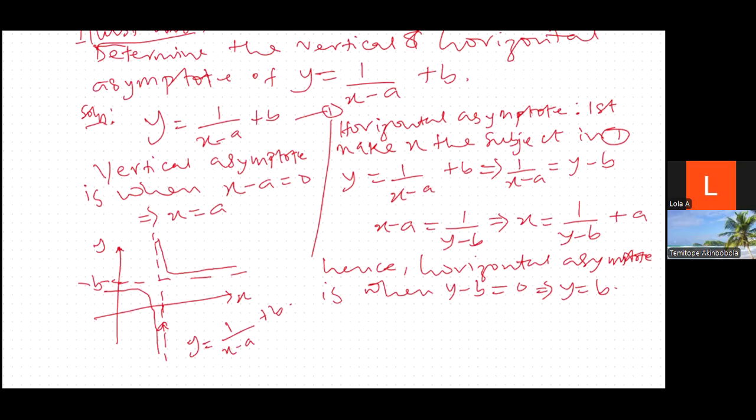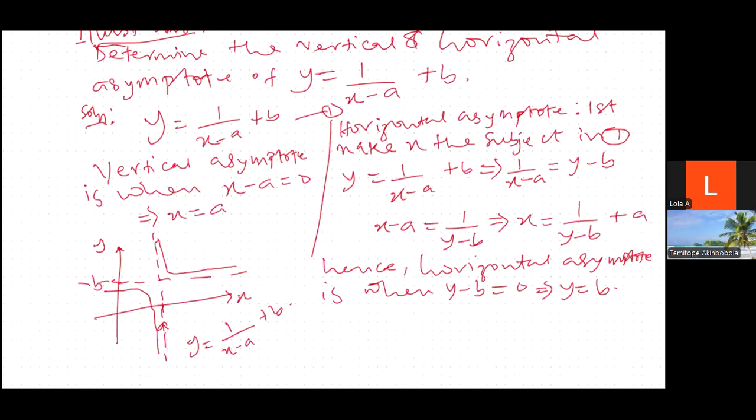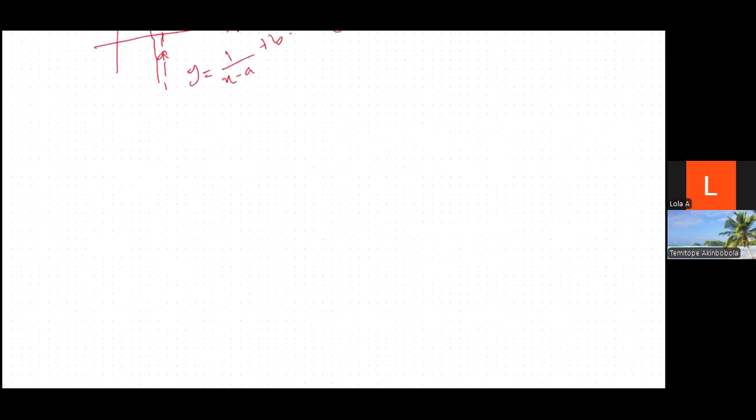Easy. So let's see an example now. Example.